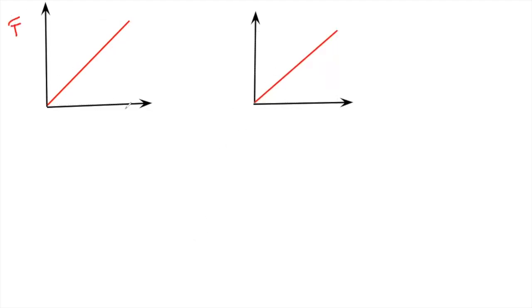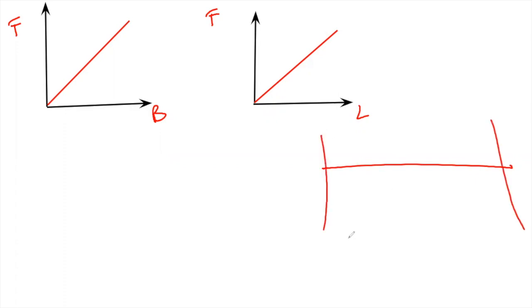So FB, FL. Obviously, assuming that other stuff is constant, the greater your length, so the greater length of wire, imagine these were the magnets, the greater this L is, the greater your force. So the length of the wire in contact with the magnetic field, the greater that length is, the greater your force.